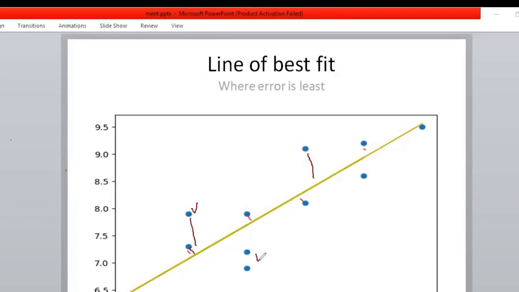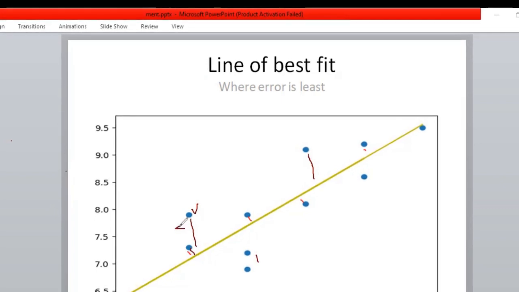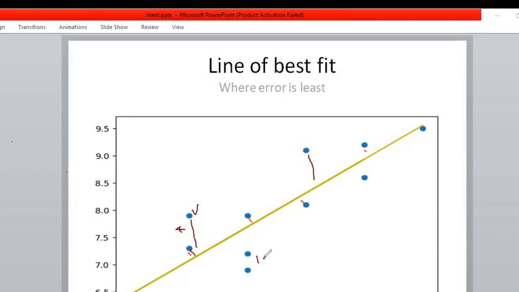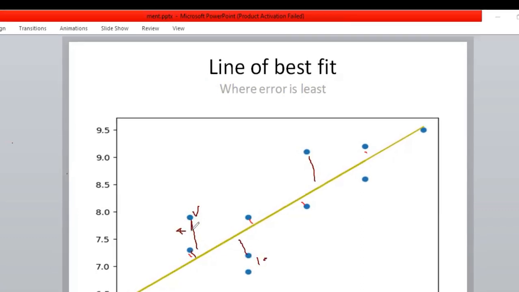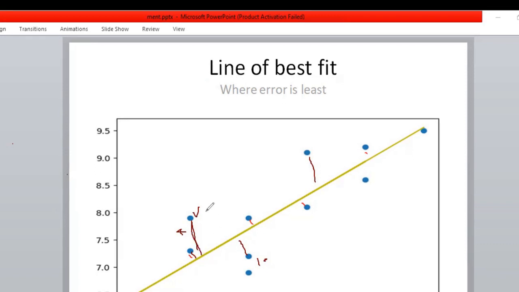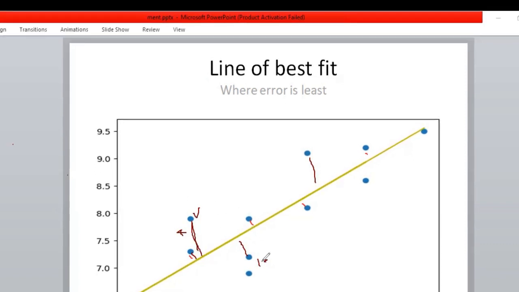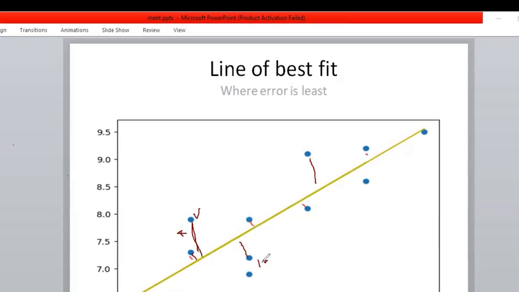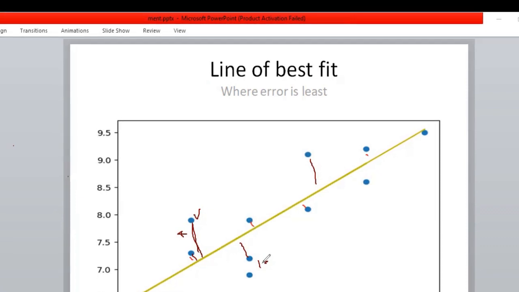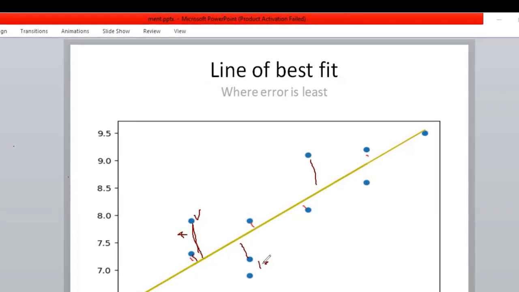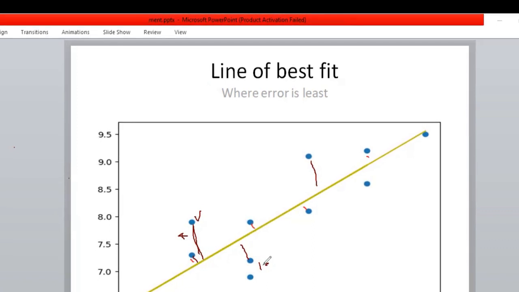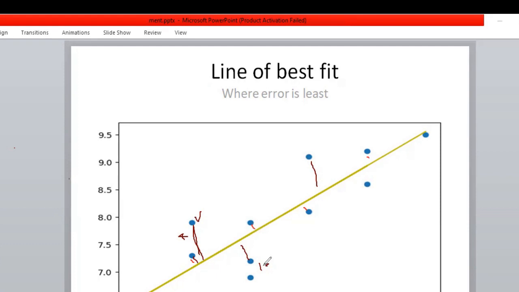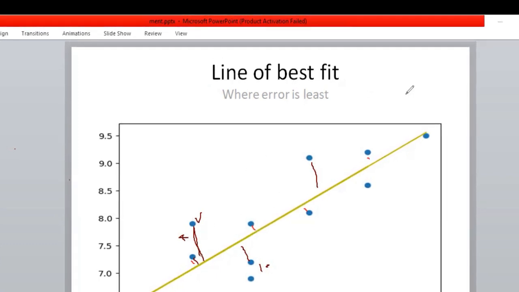So one point is this and the other point is this. Suppose this will have a positive distance and this will have a negative distance, right? There will be a change of sign, because one is above the line and the other is below the line. So one distance will be negative and the other distance may come positive by that formula. After that we will sum all the distances.